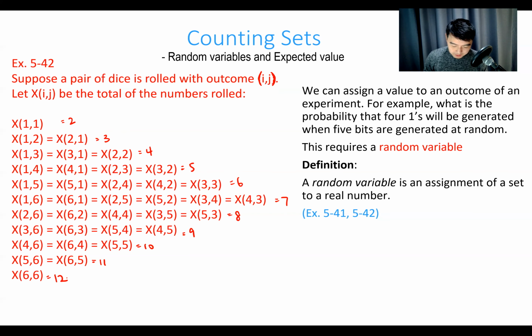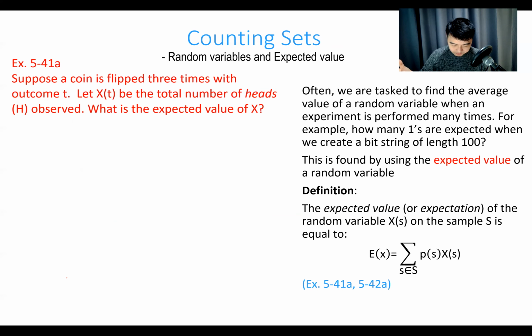In order to answer those two questions, we're going to need what's called an expected value. Expected value means that I have a random variable associated with some outcome, and I want to figure out what the expected value would be when I do this experiment over and over again.